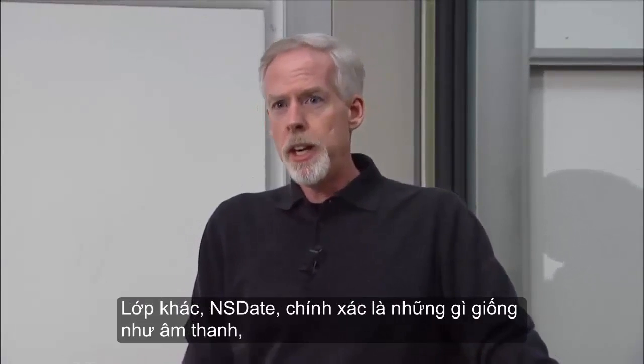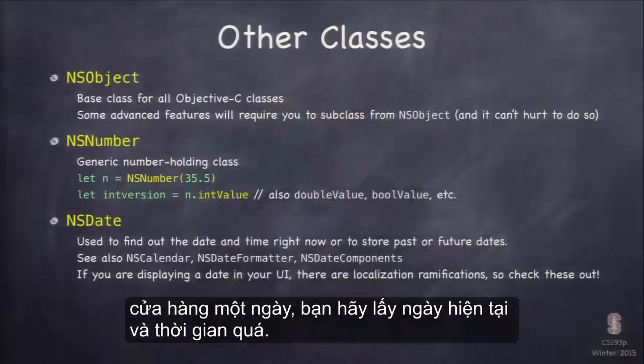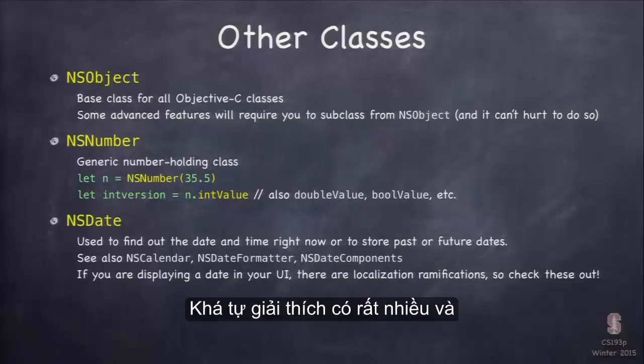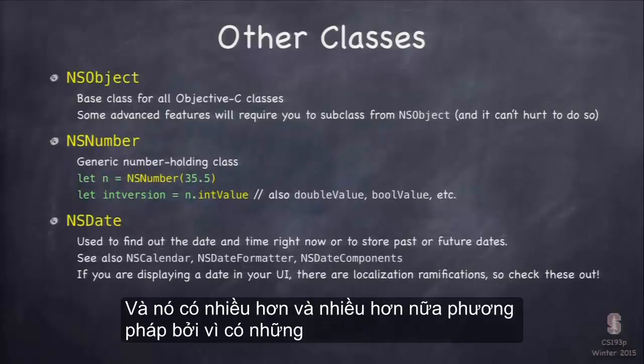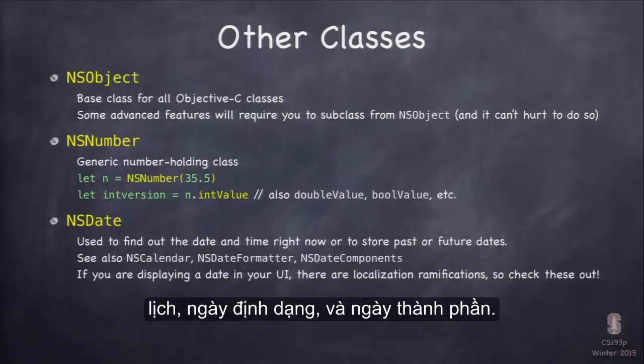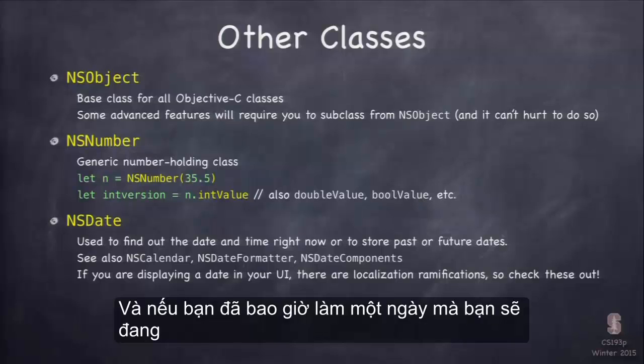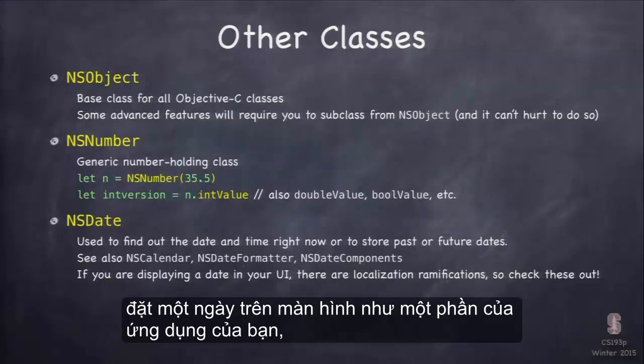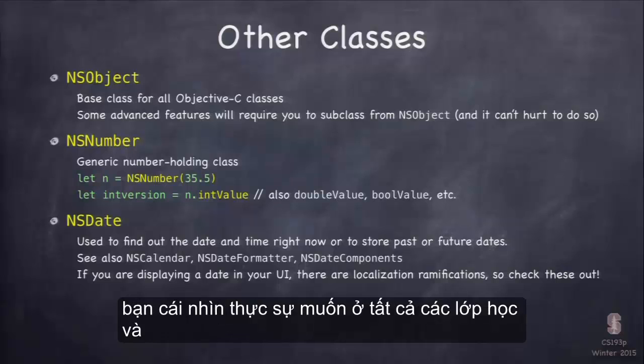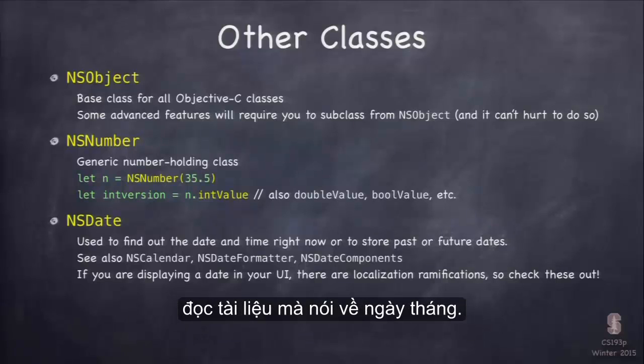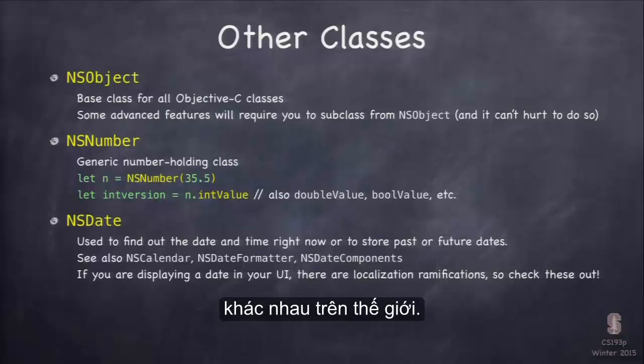Now the class NSDate. Exactly what it sounds like. Stores a date, lets you get the current date and time too. Pretty self-explanatory, has lots and lots of methods in it. And it has even more and more methods because there's those 3 other classes mentioned here, calendar, date formatter, and date components. And if you're ever doing a date where you're going to put a date on screen as part of your application, you really want to look at all these classes and read the documentation that talks about dates, because dates are displayed very differently around the world.